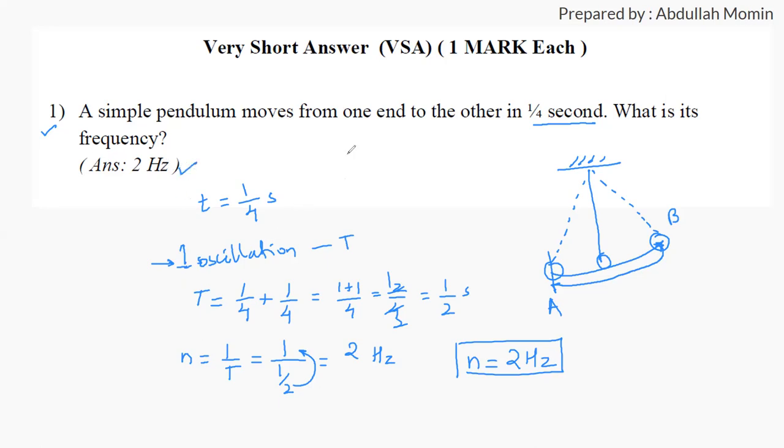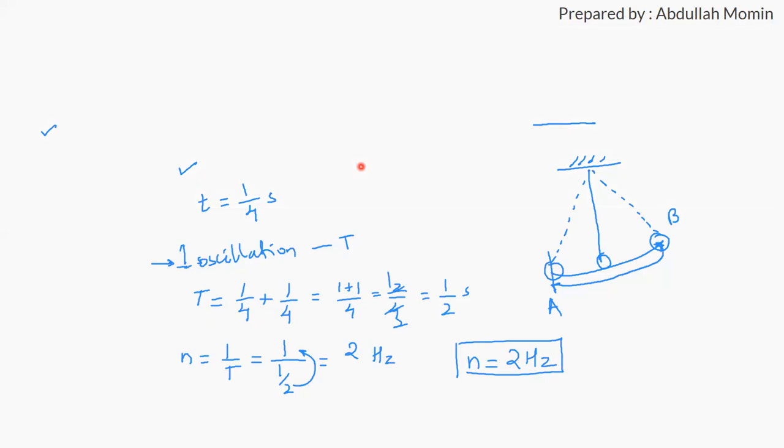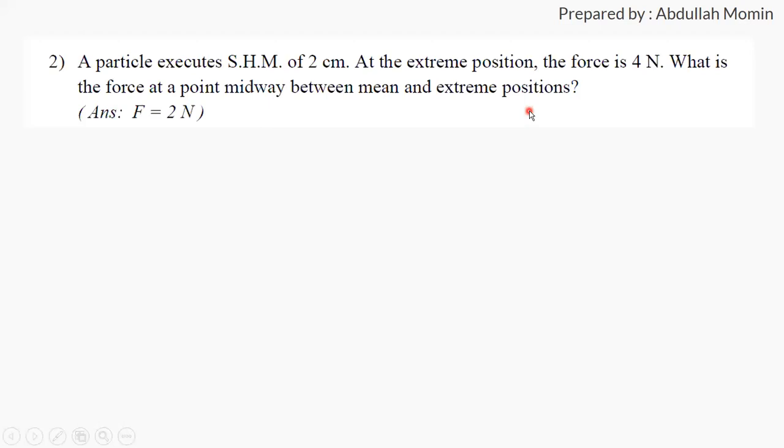So we have got the correct answer. So the next question is: a particle executes SHM of amplitude 2 centimeter.